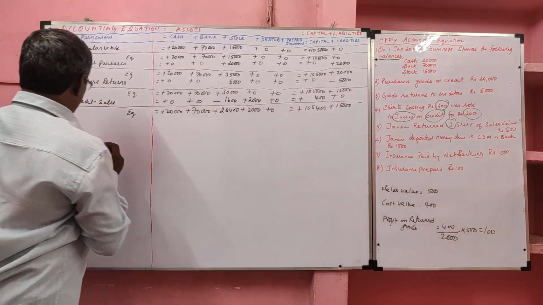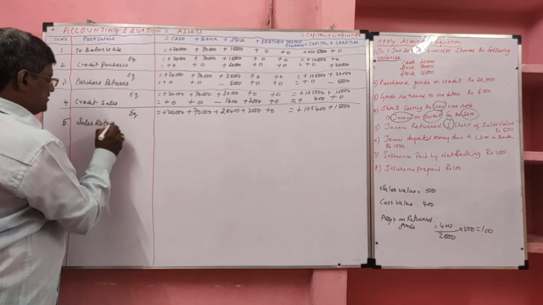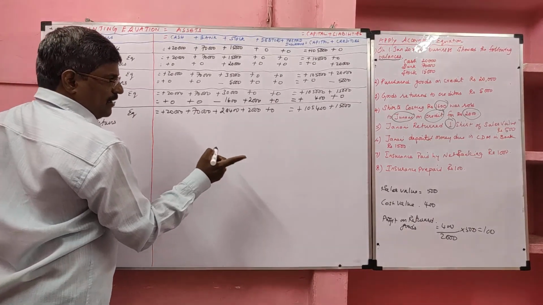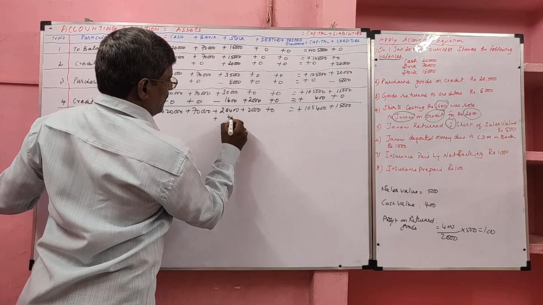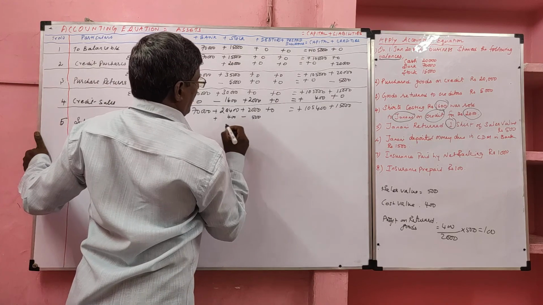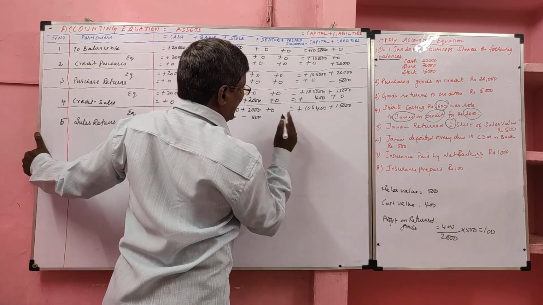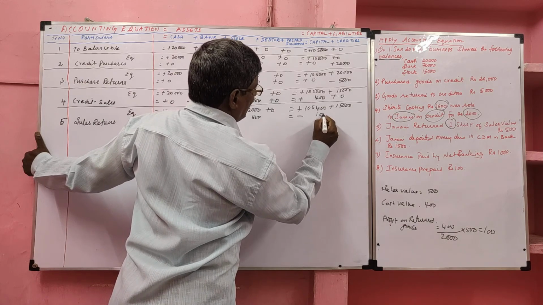Now here we can write sales return. Cost value should be added with the stock. The sale value of returned goods should be deducted from debtor. The profit on sales return should be deducted from capital.